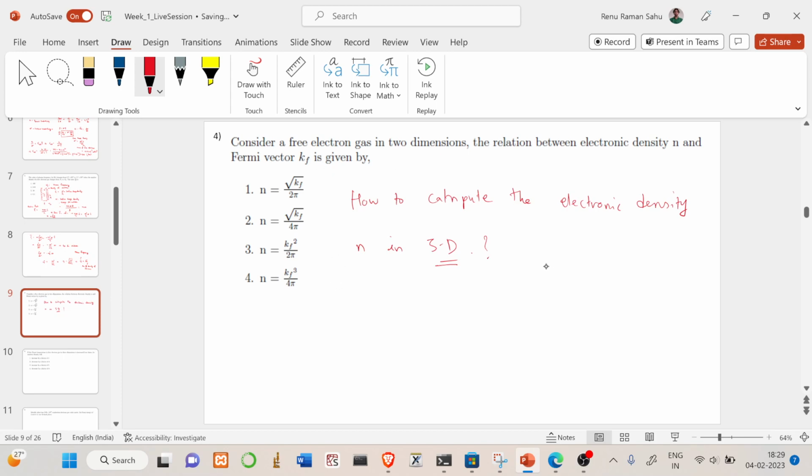This is one of the questions in your current assignment, so I am not going to solve this directly, but I will give you the technique for how to actually compute this.